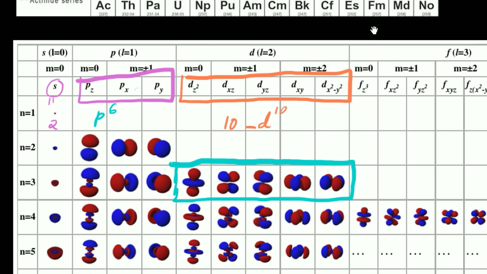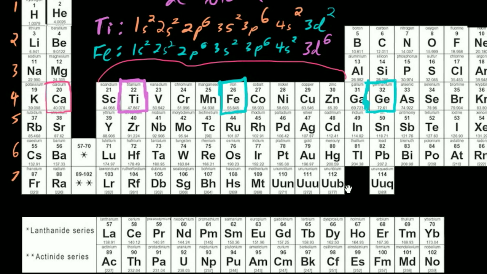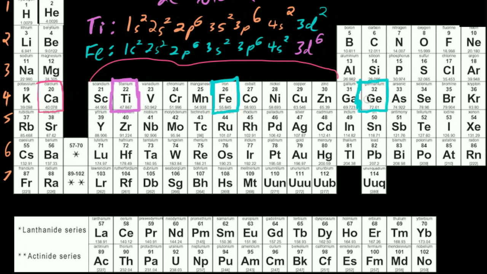So that being said, let's go back up and take another look at this example, which is to do the electron configuration for germanium. I'm going to do it down here in this little gap. We're going to copy down up to calcium's electron configuration, because it's going to be the same up to that point.